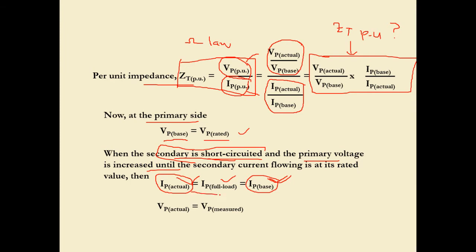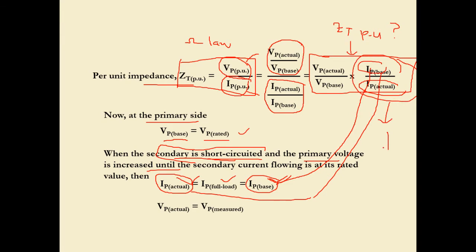So base is here and actual is here. So we can say this all equals 1, because the top and the bottom one are equal.